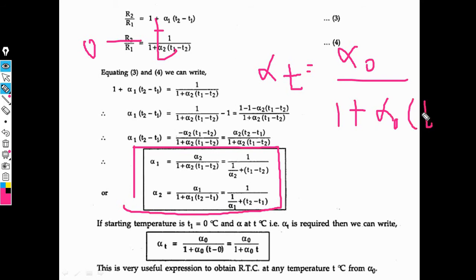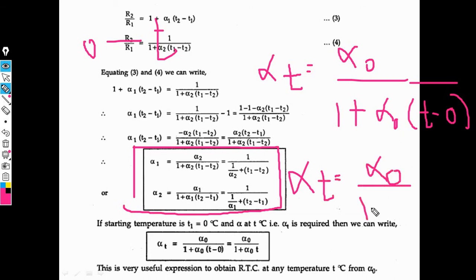We have considered temperature varying from 0 degree Celsius to the final temperature T. Then we obtain alpha T is equal to alpha 0 upon (1 plus alpha 0 T). This is the final expression for resistance temperature coefficient at any temperature T degree Celsius.